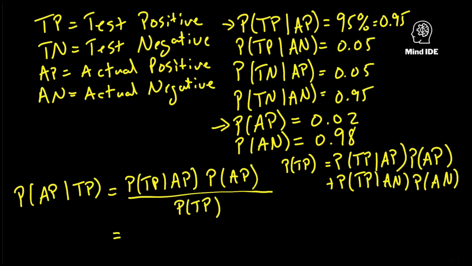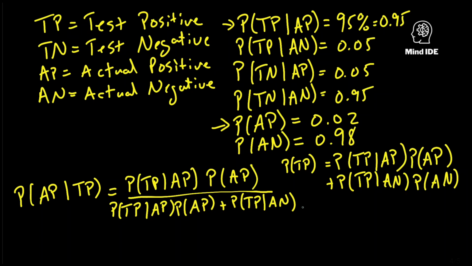So now we can substitute, or we'll just remove that, and we'll change this to what that's equal. Plus P of test positive, actually negative, probability of actual negative.